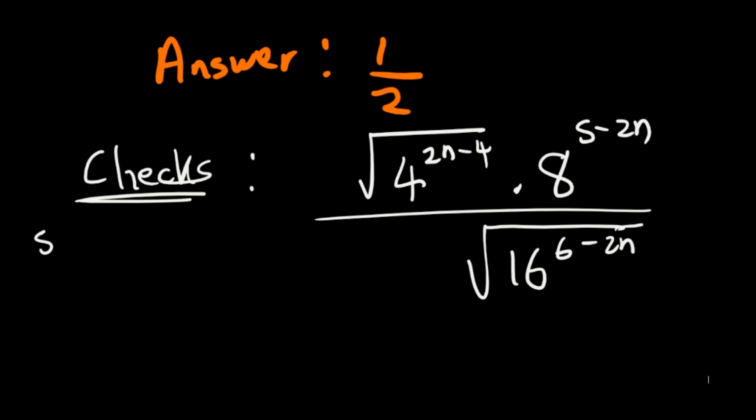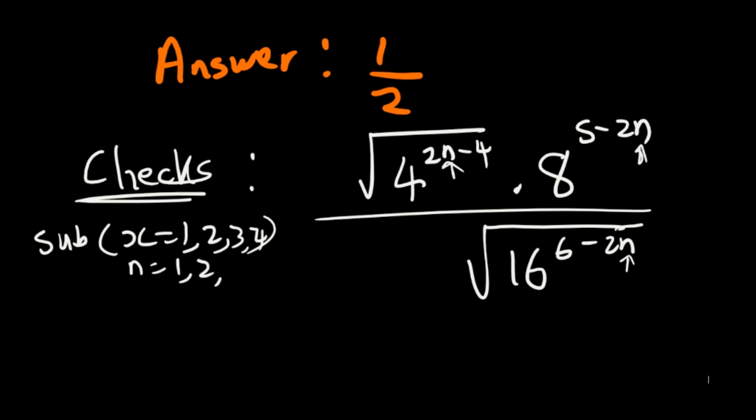Substitute. So you're going to substitute any value of x, or 1 or 2 or 3 or 4. It's up to you. Substitute any value of, obviously this is not x, right? It's n. So please substitute any value of n. So it's going to be n equals 1, 2, 3, 4, any value. But substitute consistently. If you substitute n equals 1 here, obviously here is going to be n equals 1, and then here n equals 1, right?